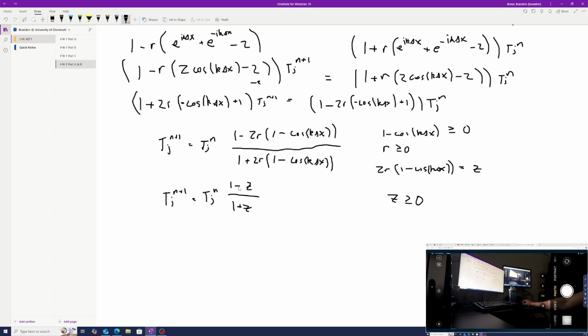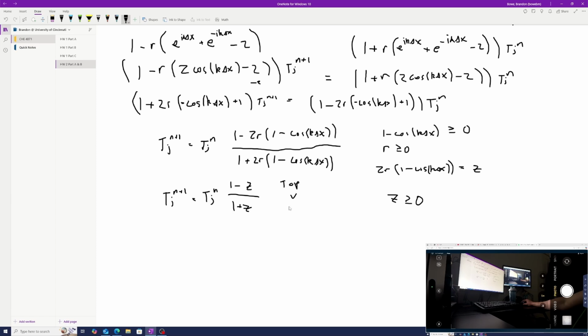So, knowing our z is always greater than 0, if we are subtracting a positive number from the top, which is 1, and then adding a positive number to the bottom, which is also 1, we know that our top will always be smaller than our bottom.